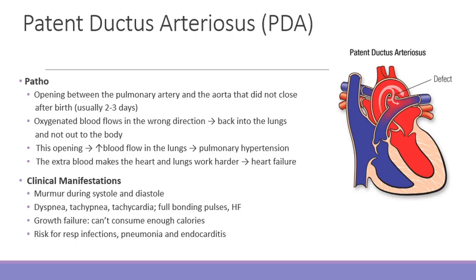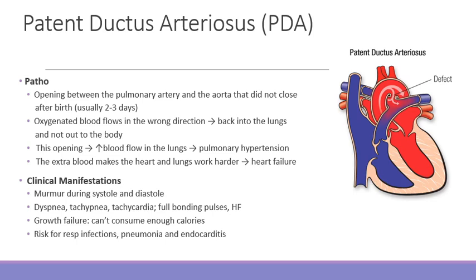So we have this ductus arteriosus that is there for fetal circulation because in fetal circulation the baby is getting its oxygenated blood from the mom through the placenta, so the blood doesn't have to go to the lungs and be oxygenated. So there's this little ductus arteriosus from the pulmonary artery that goes straight over to the aorta so that the blood can get circulated.